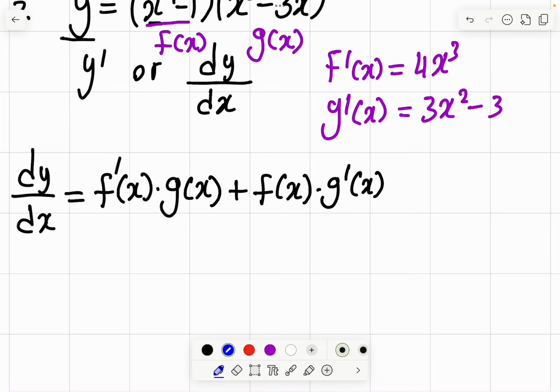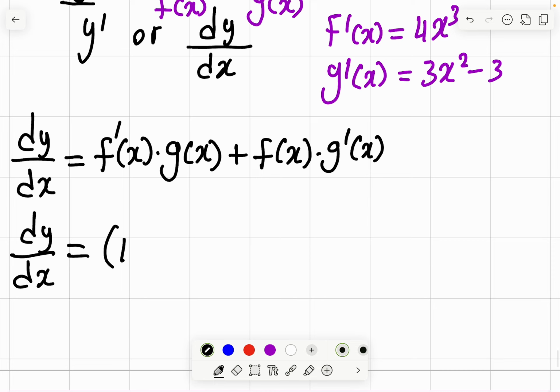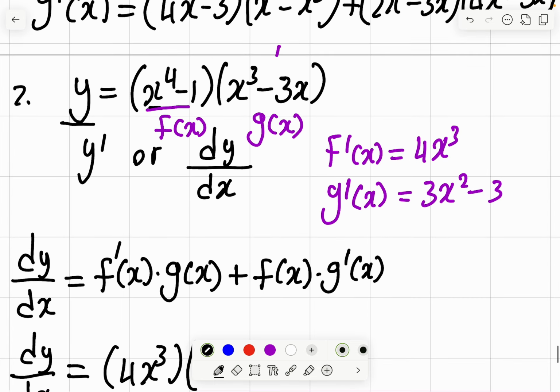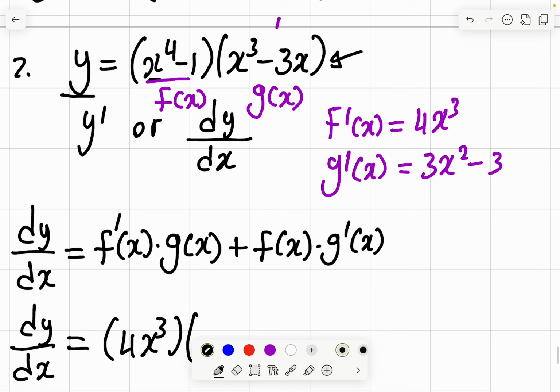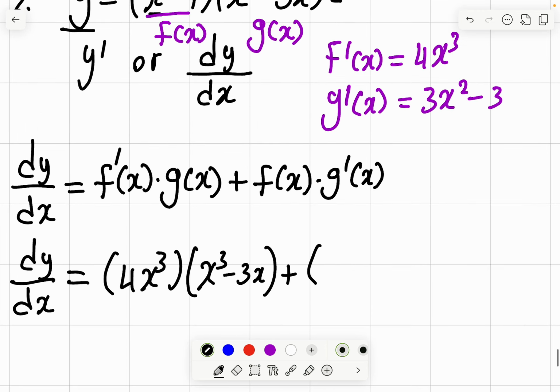My dy over dx is going to be equal to f prime of x, which is 4x cubed. Then keep g of x, which is x cubed minus 3x. Then I say plus. I put f of x.